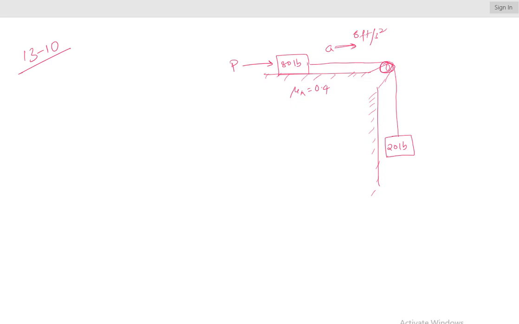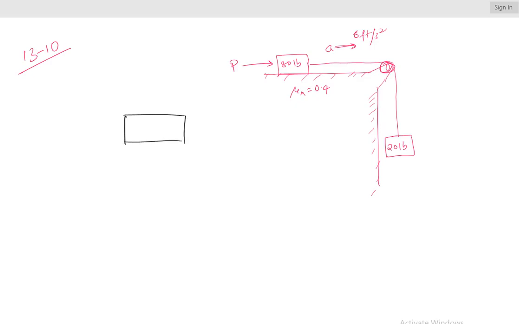Given the acceleration, given the coefficient of friction is 0.4 on this table. Let's first draw the free body diagram. So here's the free body diagram.